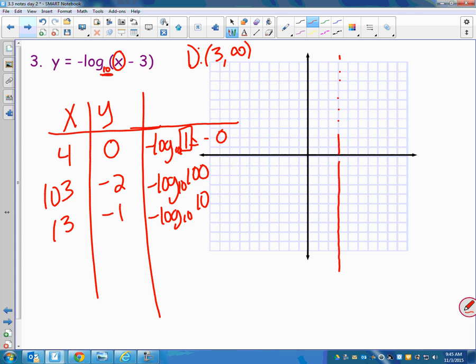But the other one that I would pick would be this, because I like to say, right, log 10 of 1/10 is just a negative exponent. But then you have to think about fractions. What number would I pick for x so that when I take x minus 3 that I get 1/10 as my answer?